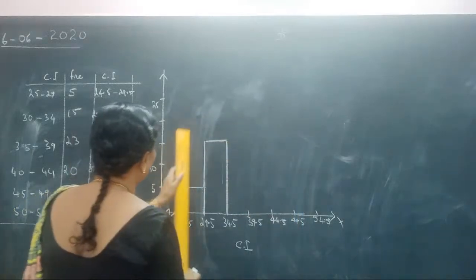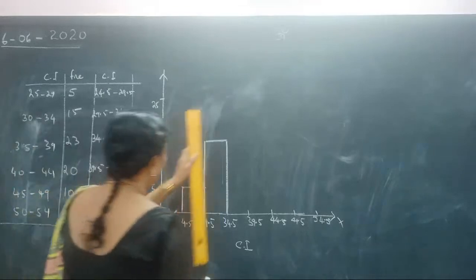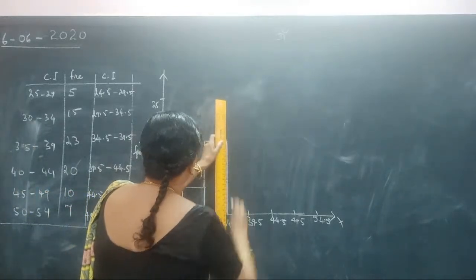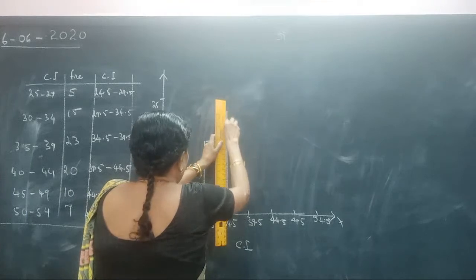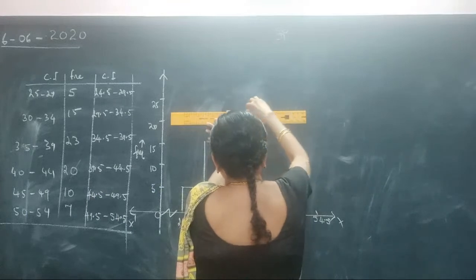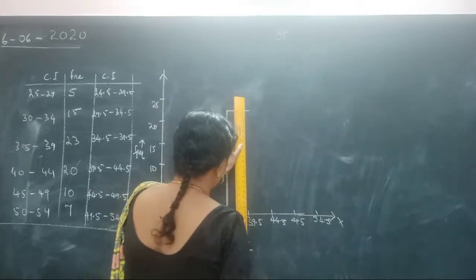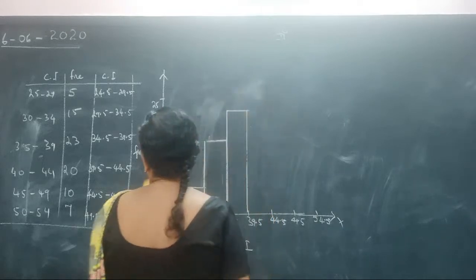Then 23. So 5 divisions here, 2 more divisions, so 6 divisions you will get 23. So make use of scale and pencil for each rectangle.